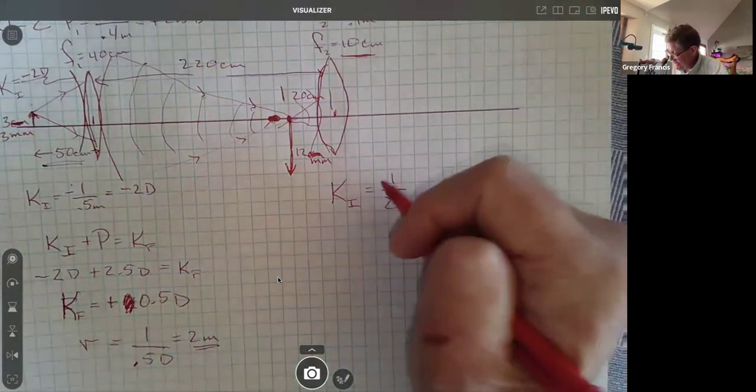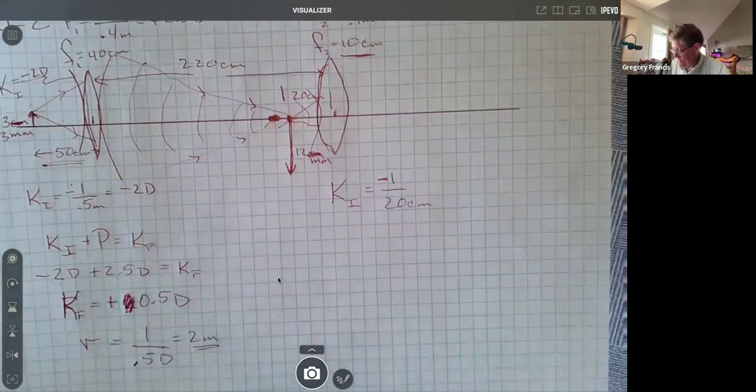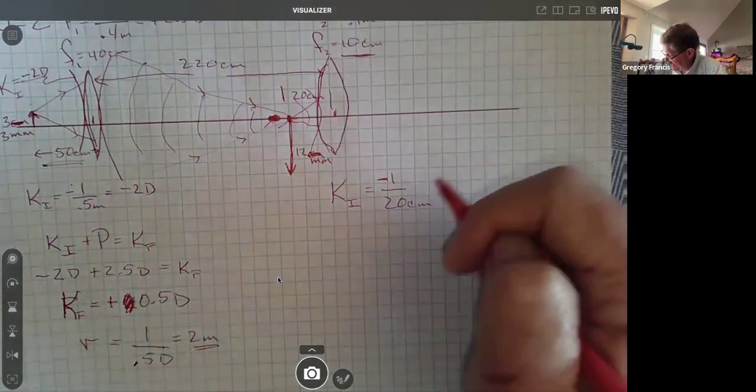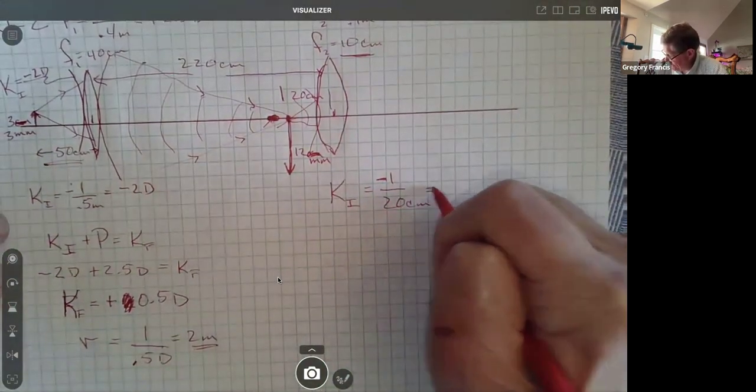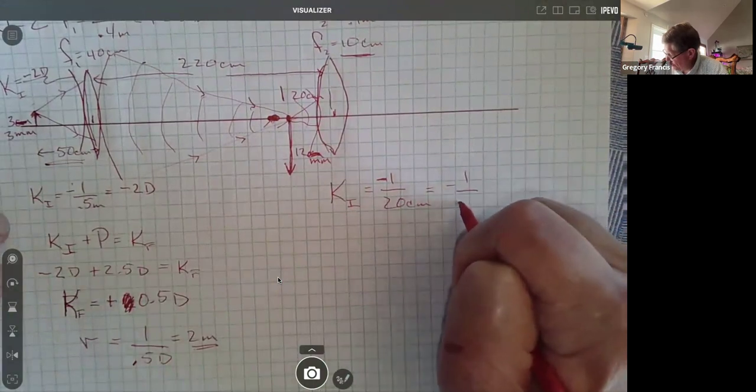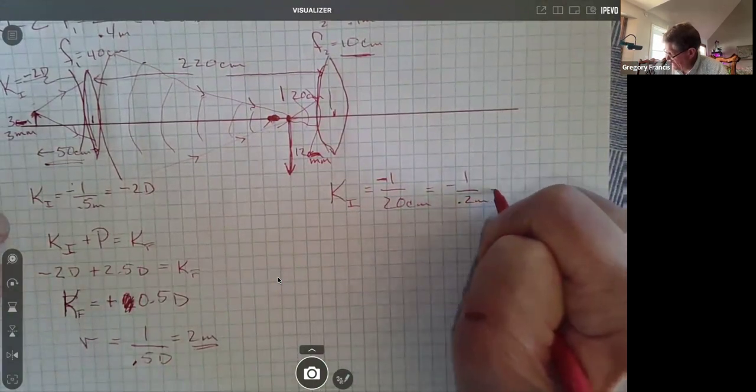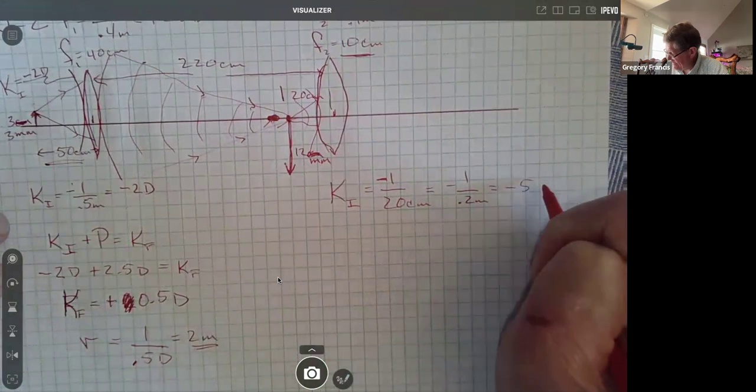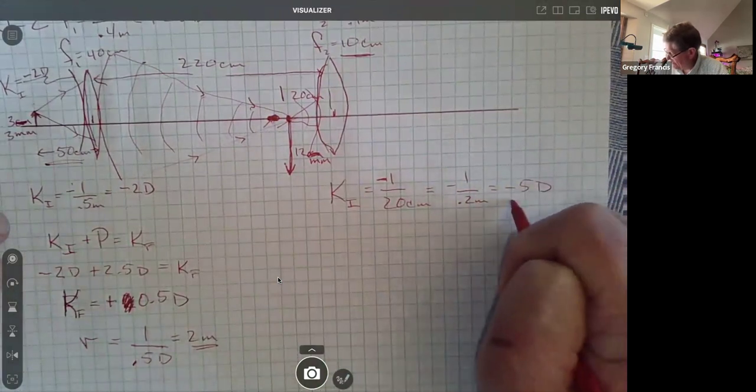Well, and it's going to be negative because it's diverging. And that's equal to negative 1 over 0.2 meters. And that's going to be a negative 5 diopters.